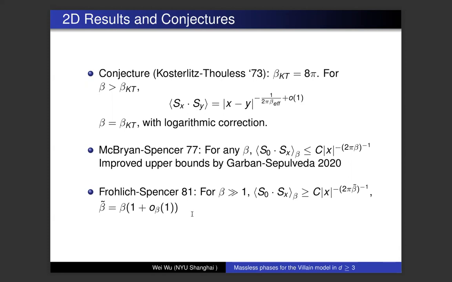So in some sense, combining this, you could say that this Gaussian spin wave prediction is only true at beta equal to infinity. But for any beta which is finite, it still remains an important open question to prove this two-point function behaves like a power law.